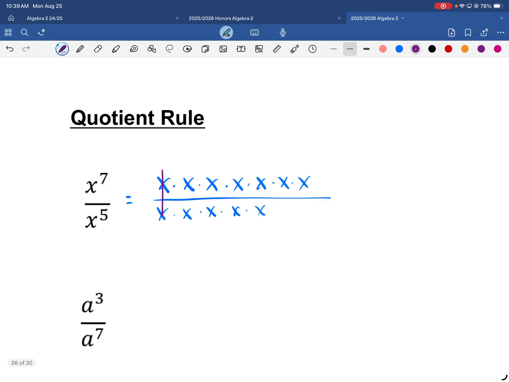Well, if you look, x divided by x is 1. So all of these x divided by x's become 1. So all we're left with is 2 x's. So the answer for this is x squared.